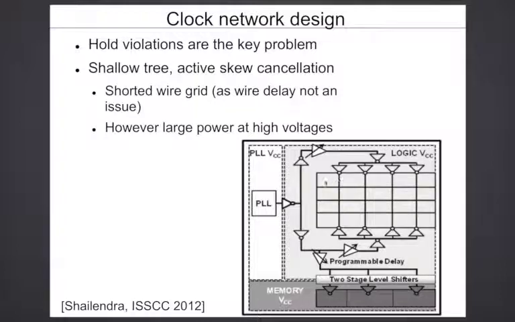But because you have shorted it like this, the clock grid goes up and down at an average timing based on all of this. It does in some sense an averaging of the arrival times, and the entire clock grid goes up and down based on that. So this is the approach Intel guys have taken for their low voltage chip.